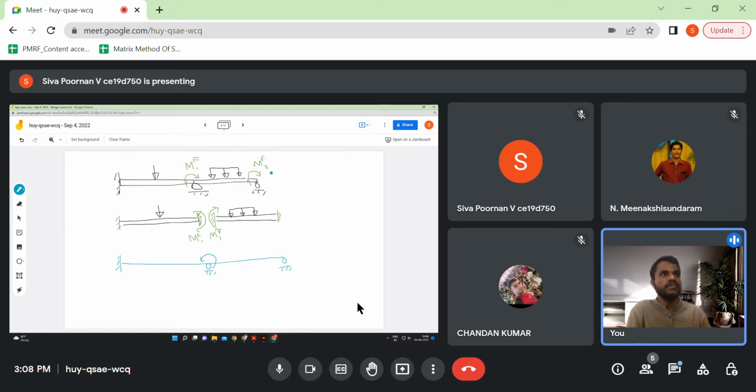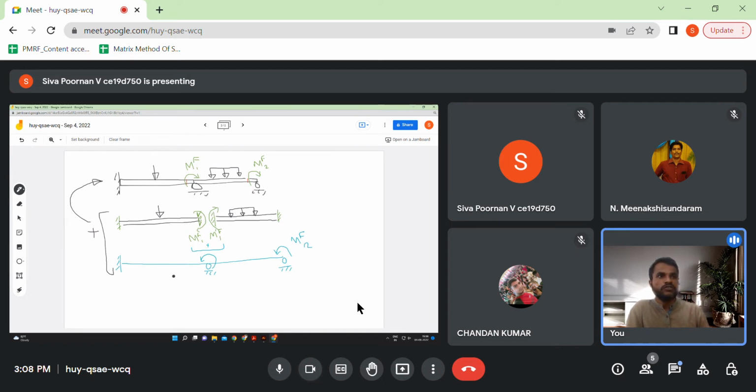Similarly, whatever moment I had provided there, I will give the opposite of that here. So this will be the same as mf2, and this will be just the sum of these two things, right? In one case I'm adding the moment so that it becomes a fixed end beam, and in another case I'm giving the reverse of it so that I don't disturb the total structure. These two structures put together give me the actual structure, right?